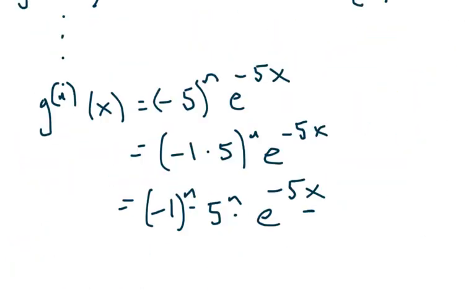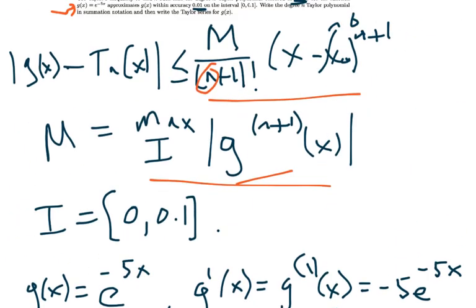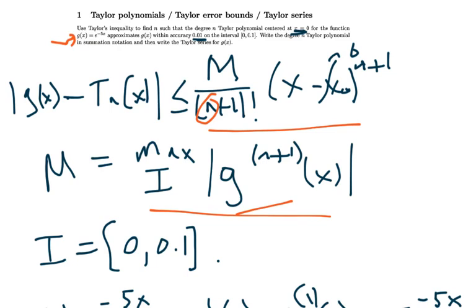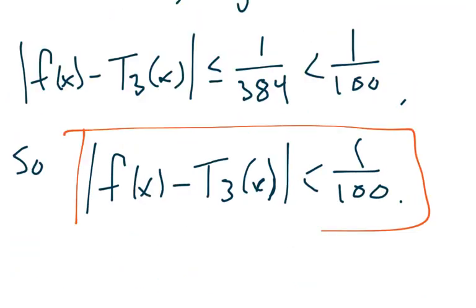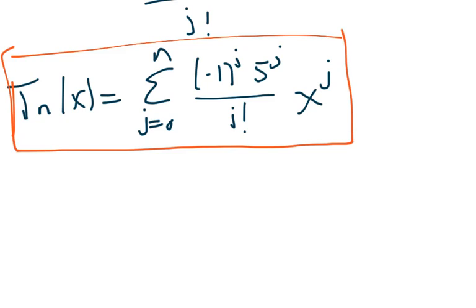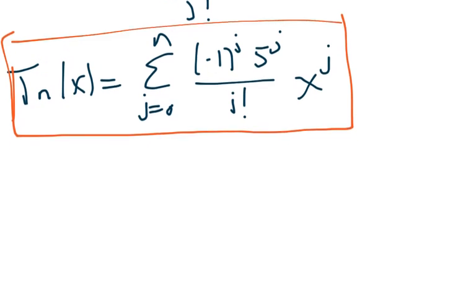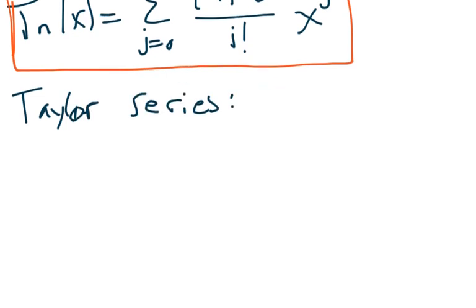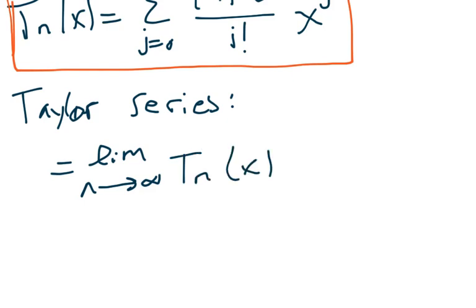Now it wants one more thing. This problem is so long, and it says write the Taylor series for g of x. Now, the Taylor series is just the limit as n goes to infinity of the Taylor polynomial. So we say this is equal to the limit as n goes to infinity of Tn of x.